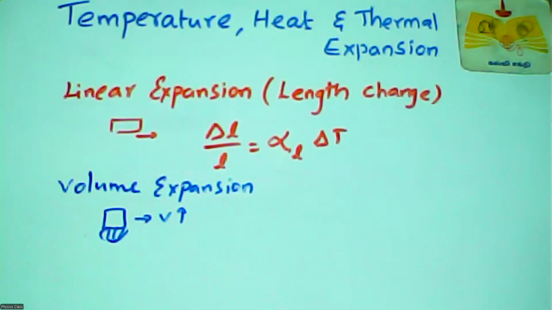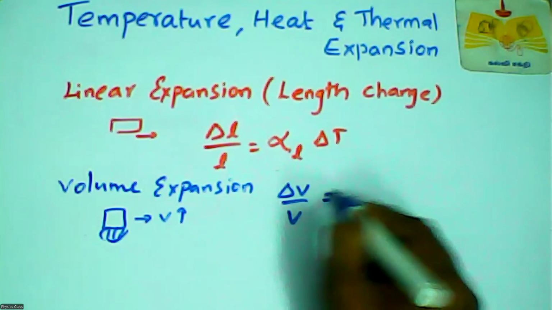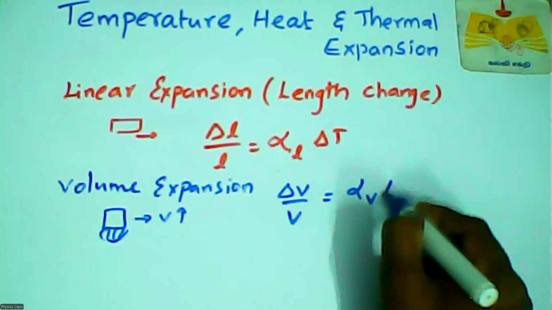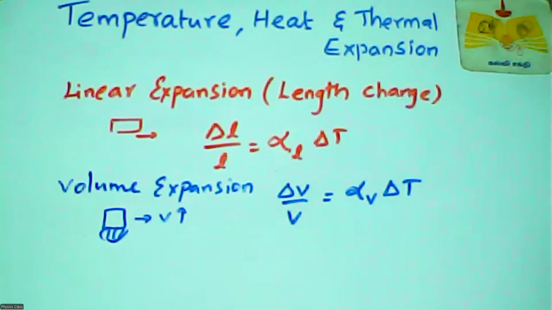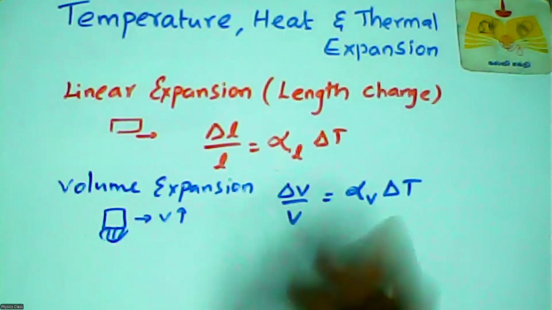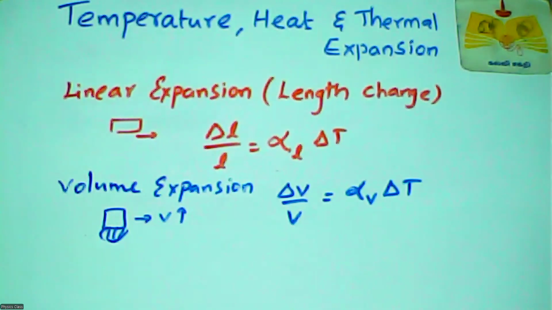We have a formula for this also, that is del V by V equal to alpha V into del T. Del V means volume change, capital V means original volume, alpha V means coefficient of volume expansion, and del T means temperature difference. Clear? Okay.